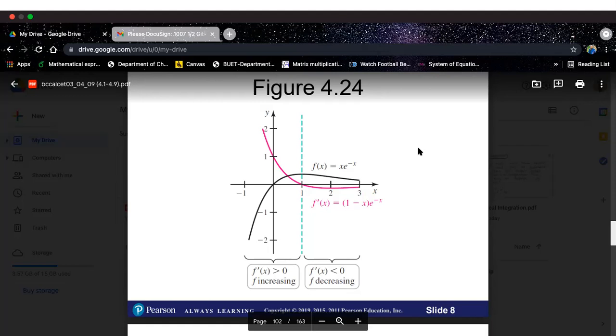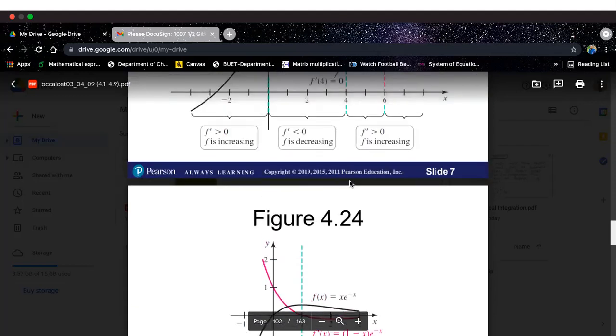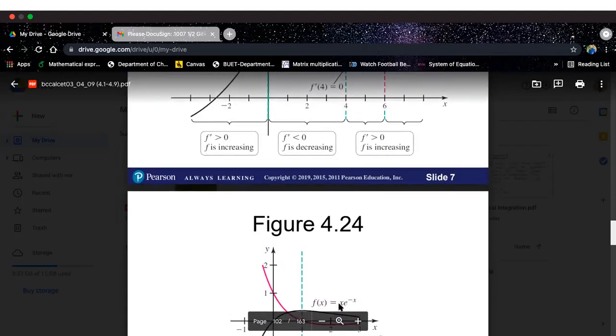So if you remember, to do this algebraically, we just need to find the first derivative and see within that interval whether the function is increasing. I mean, whether the derivative is positive or negative. That's it. So without eyeballing the solution, can you tell me the derivative of this, x times e to the negative x? Don't look at the solution.